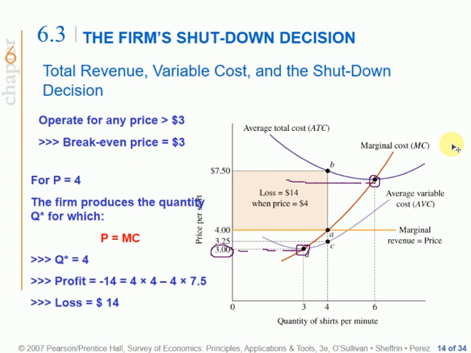Here you have the break-even price. Here you have the shutdown price. So, here the shutdown price is equal to $3.